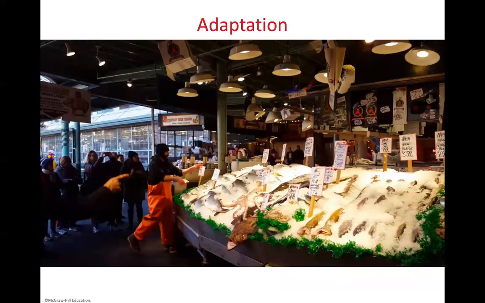Adaptation is another way that you would get used to smells. So this is Pike's Place Market in Seattle, where they sell a lot of fish. If you walked into Pike's Place, then your receptors for the smell of fish would be firing away. But after you stood there for a while, you would get used to that smell.